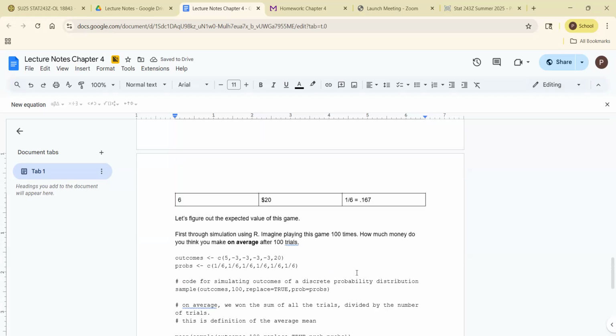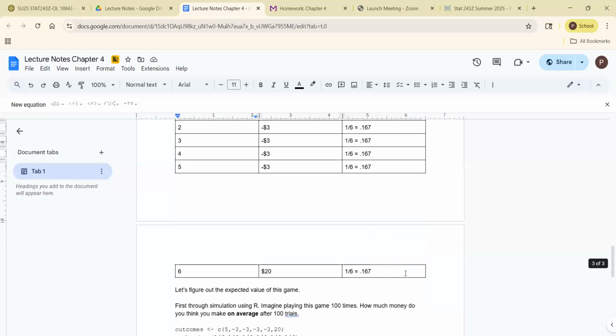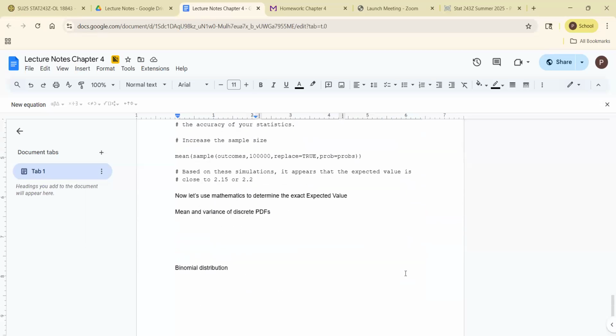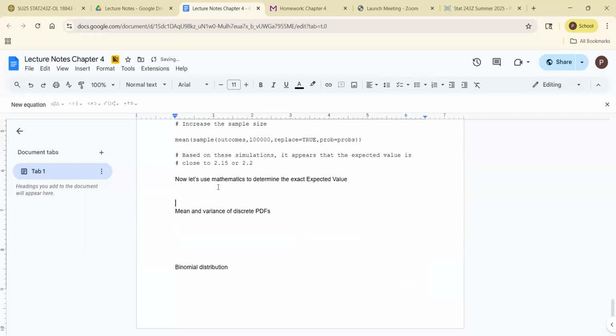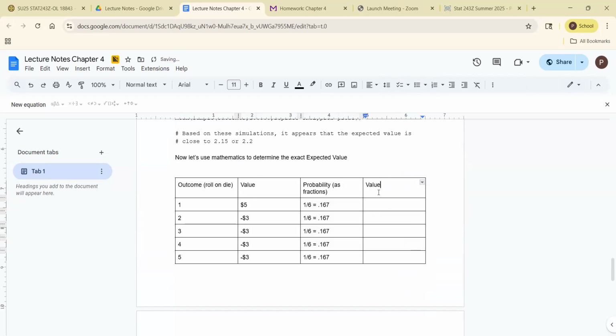Okay, let's use mathematics to determine the exact expected value. So we're going to take our probability distribution and we're going to extend it with the value times the probability.